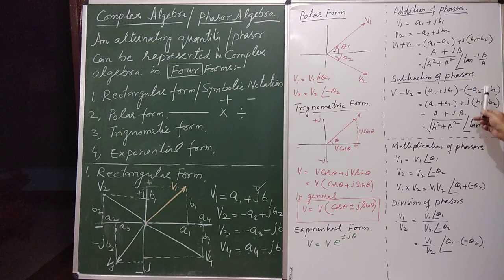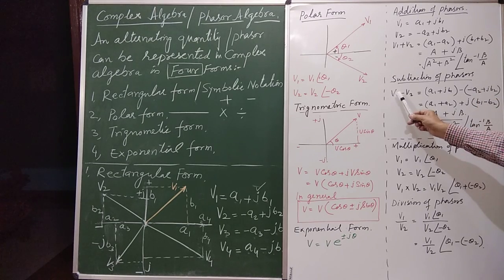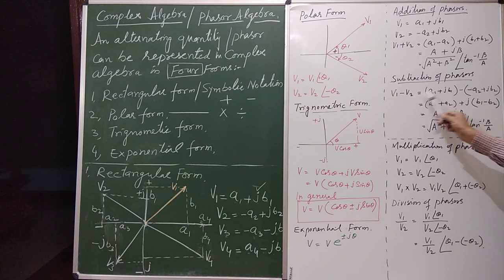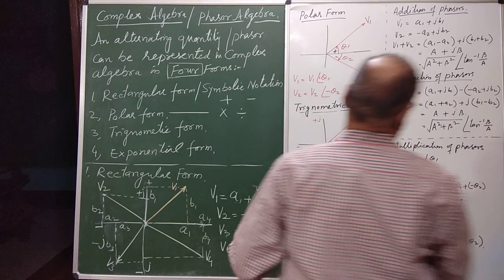Subtraction of phasors. You have to subtract V1 minus V2. So again simplify it and you will get A and B, and its magnitude is the square root of A squared plus B squared, because this is at a right angle to this.